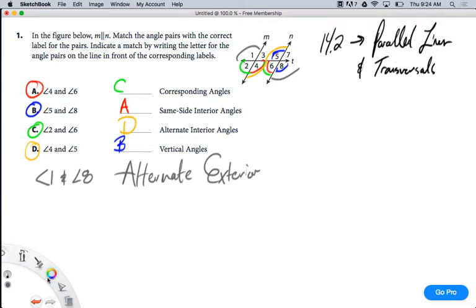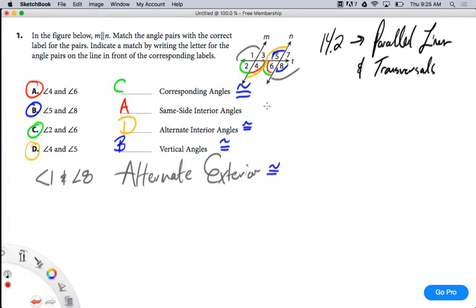Now let's talk about these. Corresponding angles are what? Congruent or supplementary? Congruent. Alternate interior angles, congruent or supplementary? Congruent. Vertical angles? Congruent. Alternate exterior angles? Congruent.